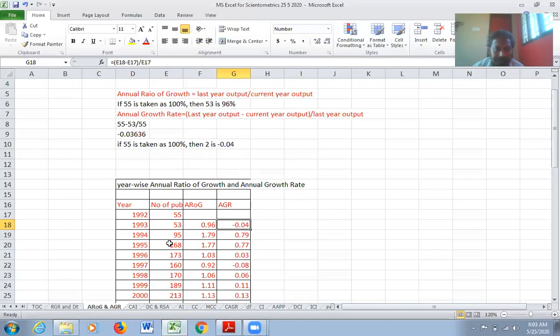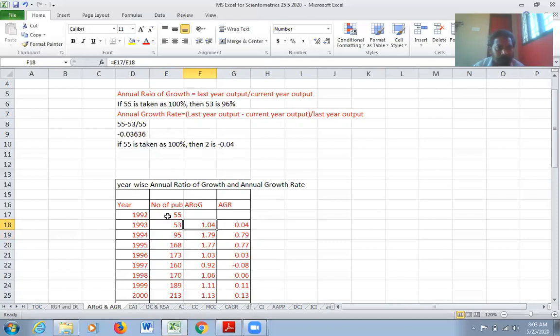So when you say last year output, it is E17. So let me just change the formula. I think E17 minus E18 divided by E17. And here also, this is last year output divided by current year output. So last year output is E17, isn't it? I think I have made a small change here. Let me change it here.